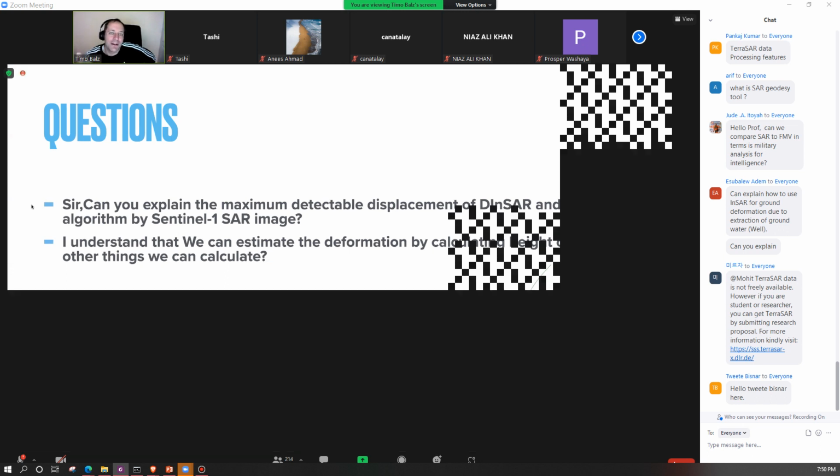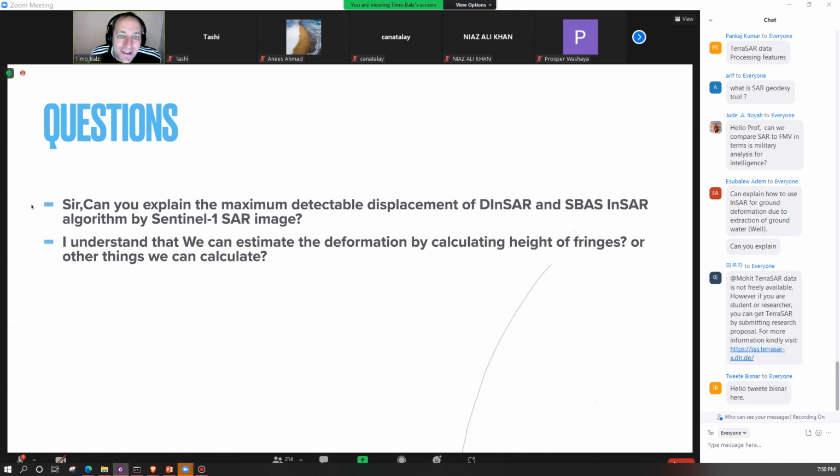And again, I use the term unwrap without explaining it yet. Sorry about that. A few slides, okay? And then you can do more, right? Or if you have multiple baselines and you estimate them via some kind of linear estimation, you can, in theory, go above that maximum limit by solving the ambiguities with more images with different baselines.